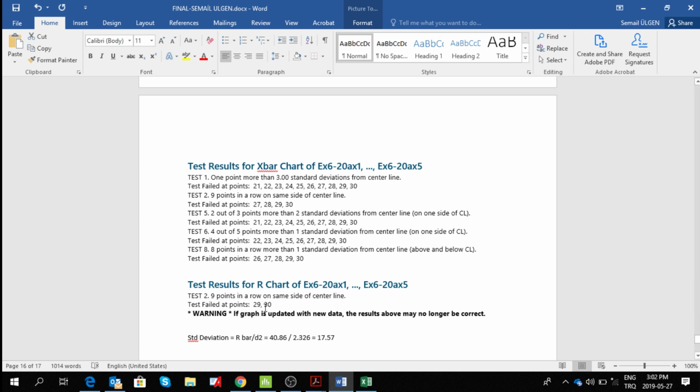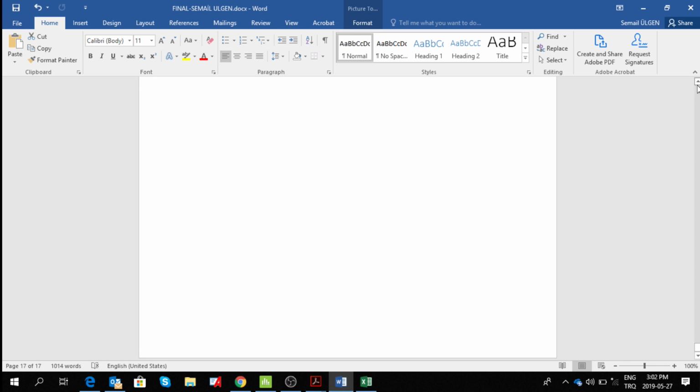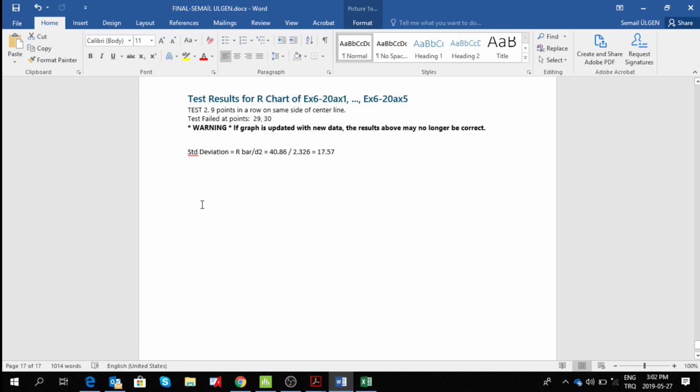Test 2, which says 9 points in a row on the same side of the center line, failed for 2 points because 2 of them were in a row on one side of the center line, but this is not very important for us. Okay, let's continue. Let me put my cursor at a suitable place.